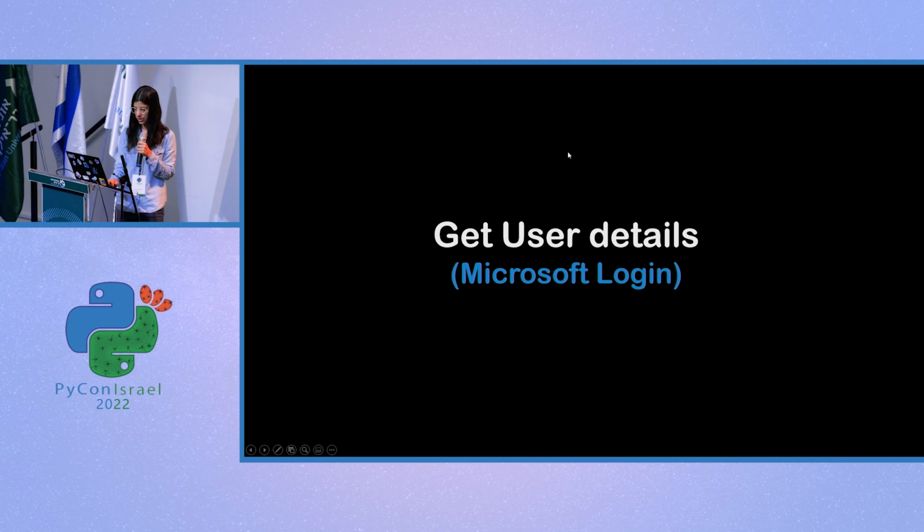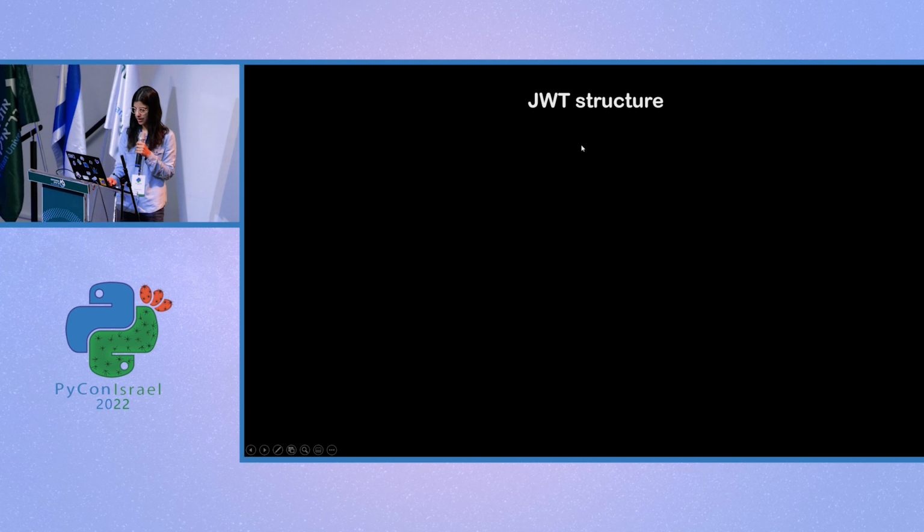So the first use of the tokens is to get the user details. In this case, we want to get the Microsoft user profile. Before we start to talk about this, a few words about the JWT structure, which is also called JOT. This is a standard of token structure, and this is actually JSON Web Token.